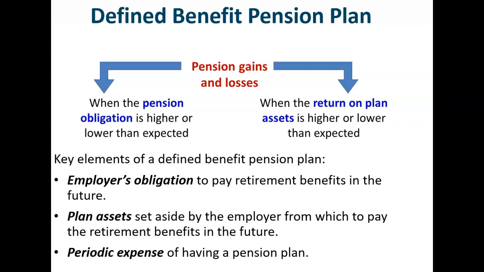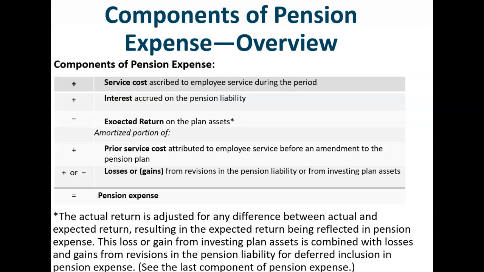And importantly, the pension expense reported in the income statement is a direct composite of periodic changes that occur in both the pension obligation and the plan assets. Illustration 17-3 in your textbook provides an overview of the components of pension expense. This is an important summary. I would suggest that you flag this page.